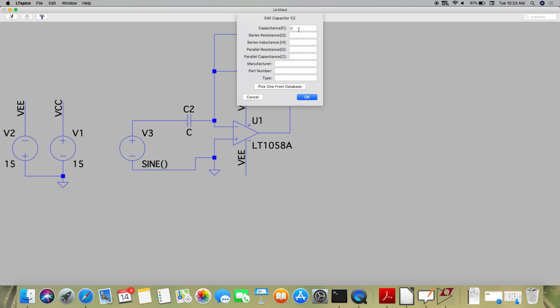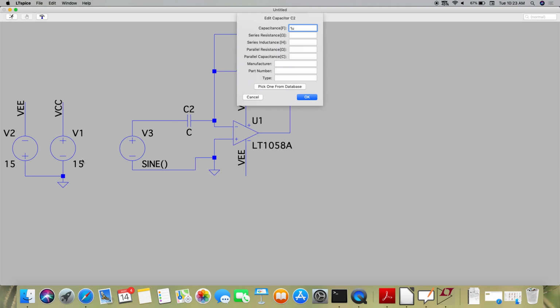Like capacitor, if I am giving 1 micro, in reality it will not be 1 micro. By the way, micro is given with the symbol U. U is equal to micro, and there is no need to add any unit like Farad, Henry, or ohm. Like here we added just 15, here we added minus 15. So there is no need to add units.